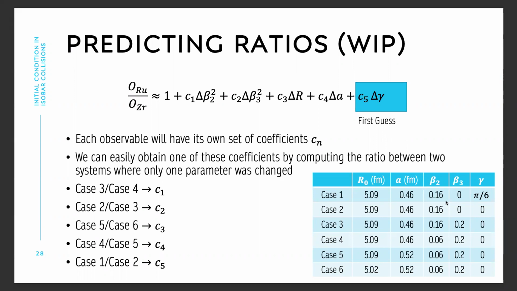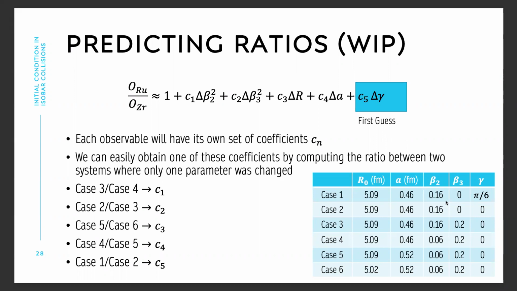And we can do this for all our cases and obtain these coefficients. And the idea now is that we can use these coefficients and take one case that we did not look at yet, to compute this observable. That is the process that we did.